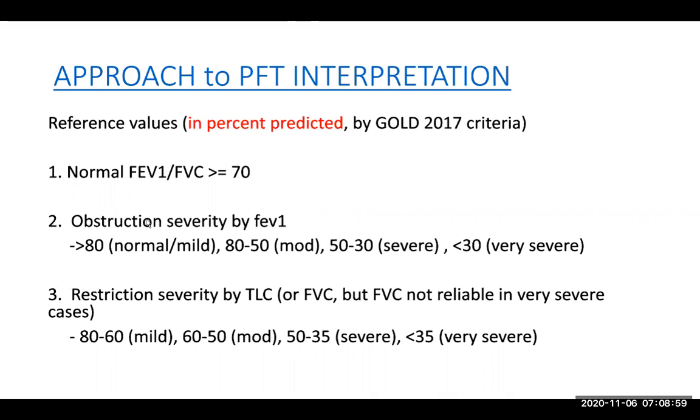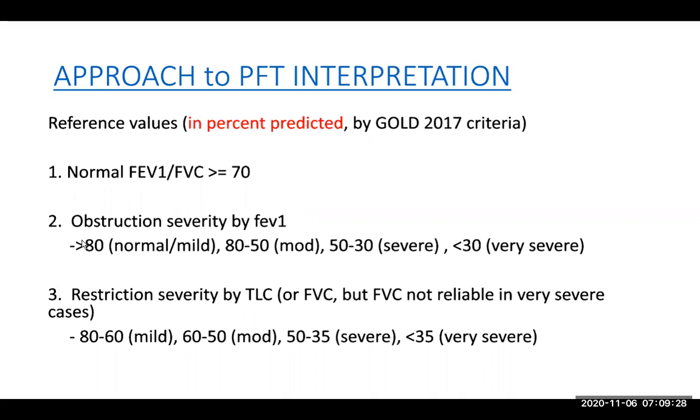When we look for obstruction, the severity of obstruction is graded by the FEV1, the volume that's blown out in 1 second from that maximal inspiration point. Greater than 80% predicted is normal or mild, then 80 to 50, 50 to 30, less than 30. That's how we grade from normal or mild all the way down to very severe.